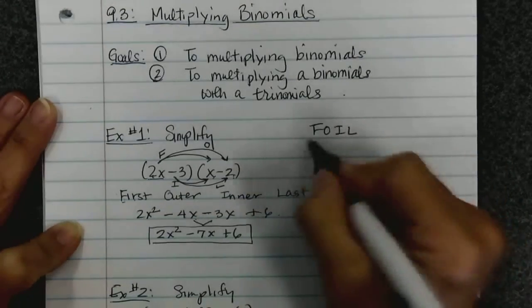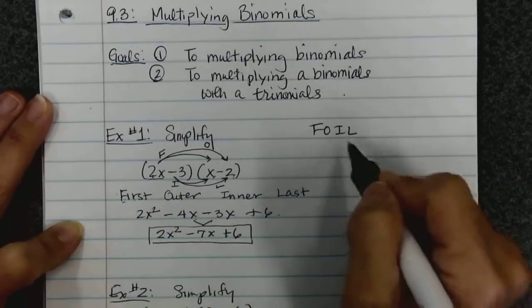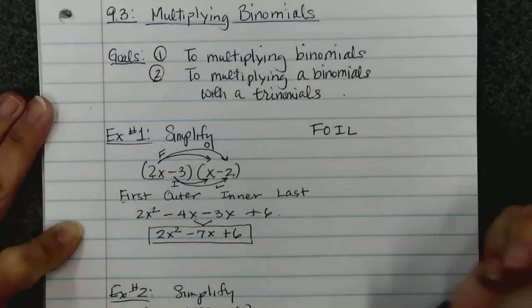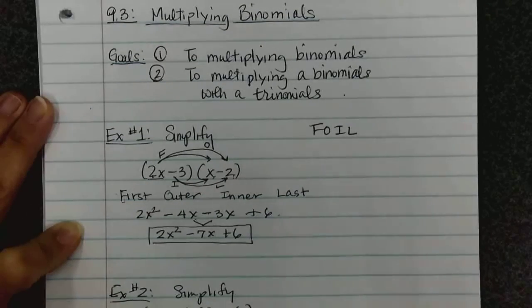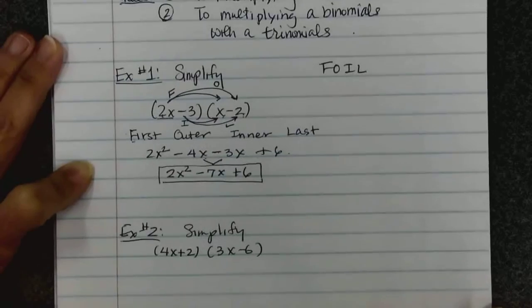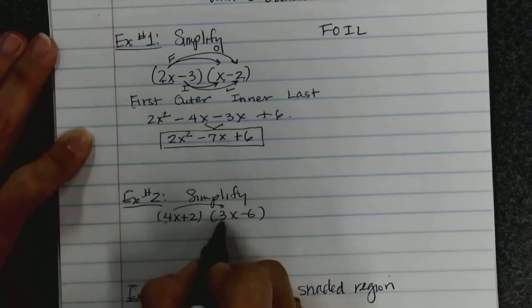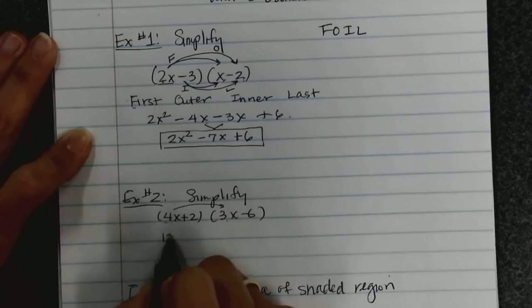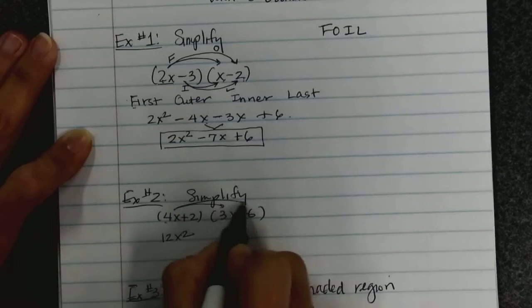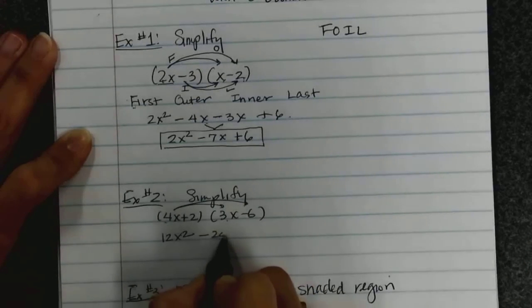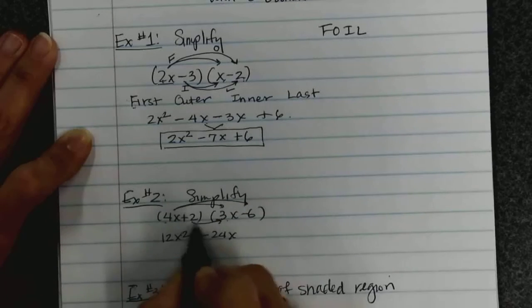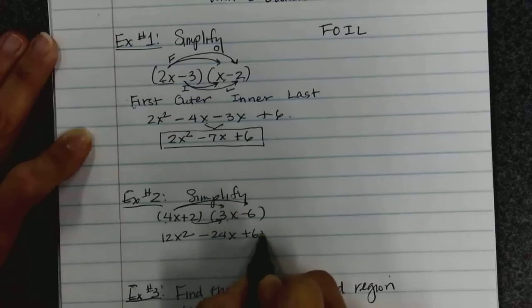And that's how you multiply binomials using FOIL, or we call it distributing. FOIL, or foiling, is a verb that we use to describe multiplying two binomials. So we're going to try one more here. First, 4x times 3x is 12x squared. 4x times negative 6 is negative 24x. And then 2 times 3x is plus 6x.